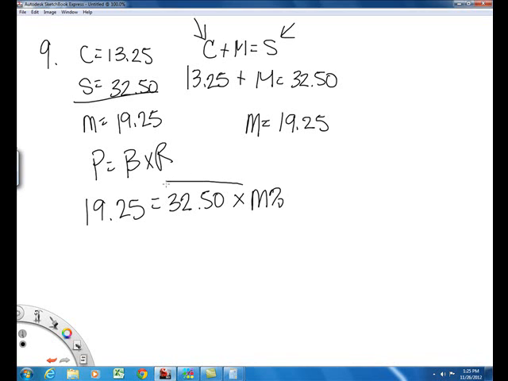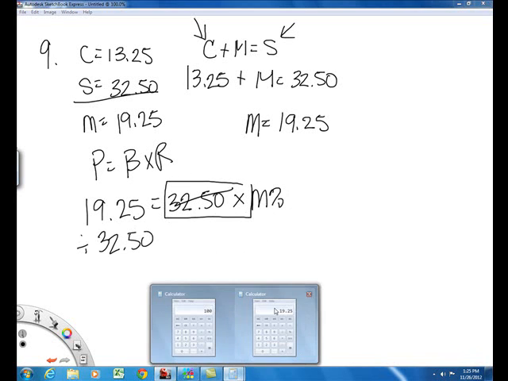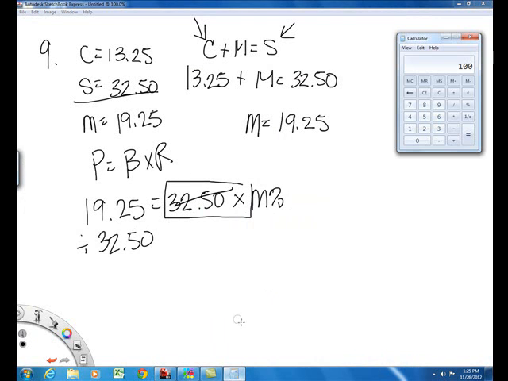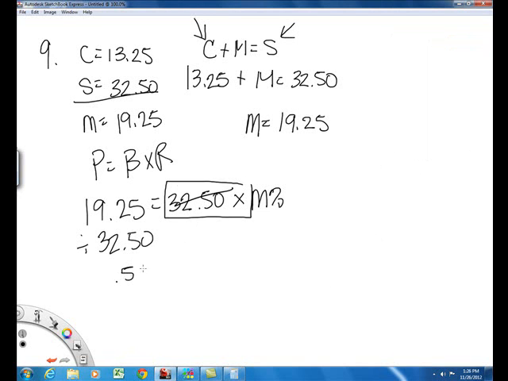So it's being multiplied on this side. In order to carry across, I will divide. Now all I have to do is solve for that mark on rate. Now I take 19.25 divided by 32.50, and that tells me 0.592, and I have to change that into a percentage.